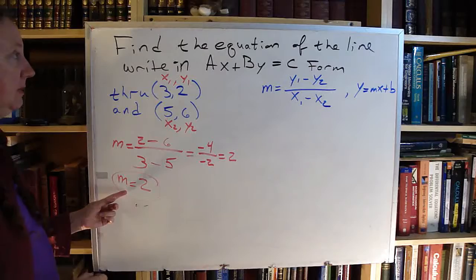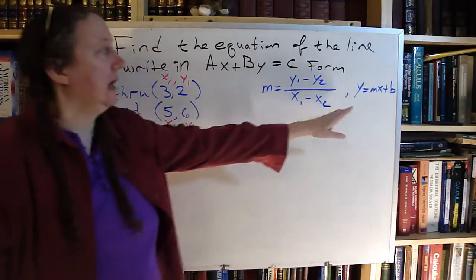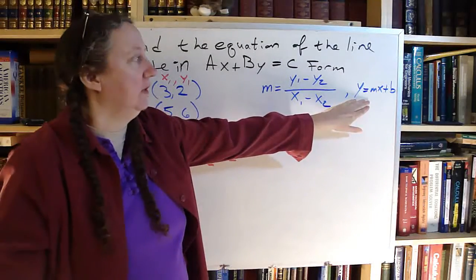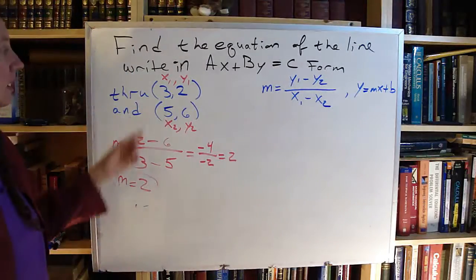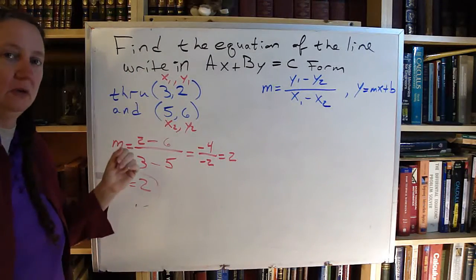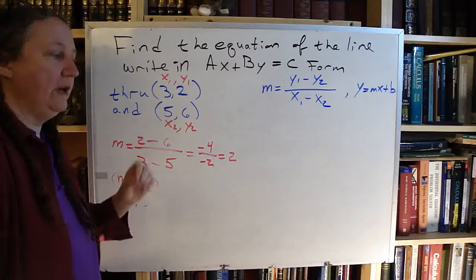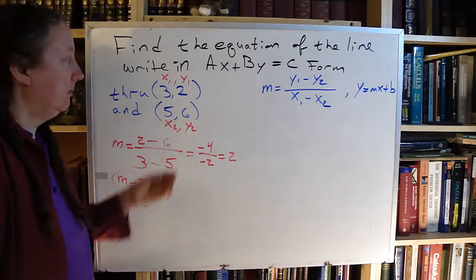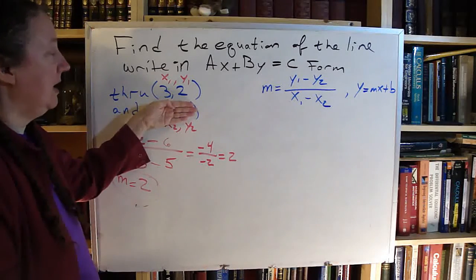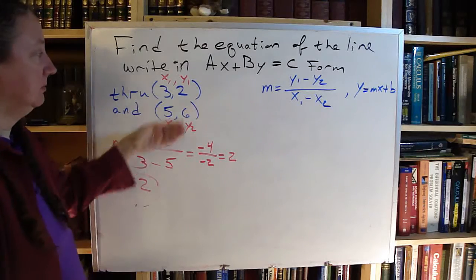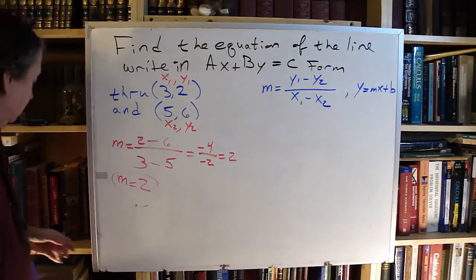I have my slope. I can now plug that into my y equals mx plus b, along with one of my points. It doesn't matter which point I use, but I have to use one of the points. So I am going to use (3, 2). I flipped a coin.